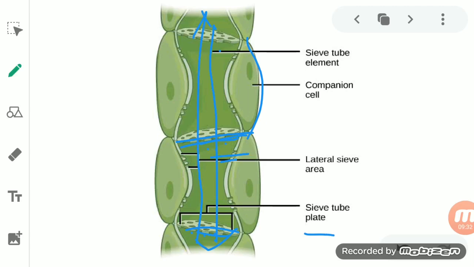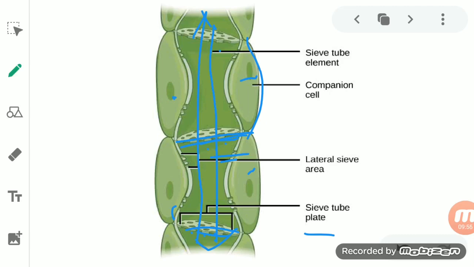So transportation occurs due to these perforated plates. Now, if the perforation occurs all over, then more and more transportation can occur. But if the perforation occurs at a certain area, then what happens? The transportation will not be efficient.